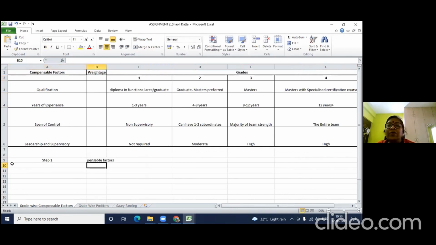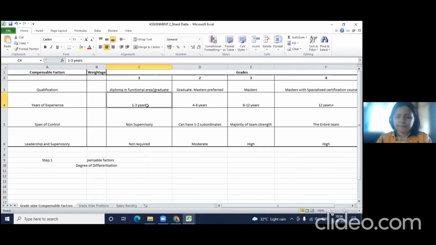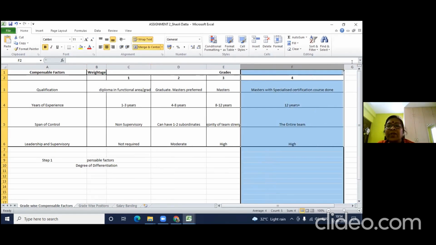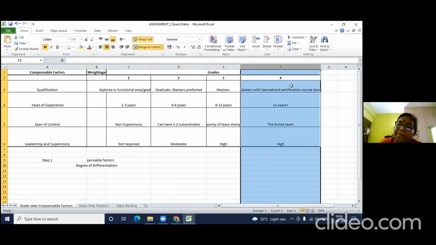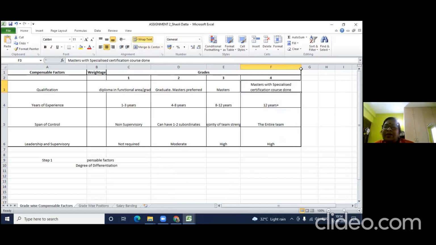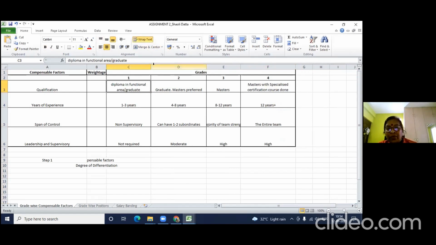Now, you can reduce the width of your 4th degree because then everything can be covered in one. Got it. Now you have your degrees 1, 2, 3, 4.